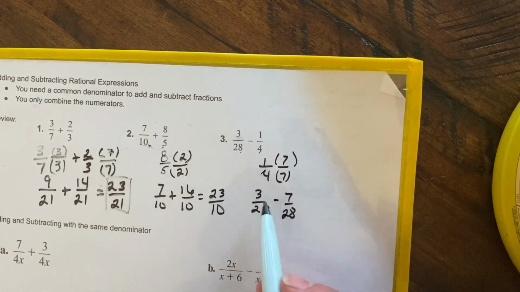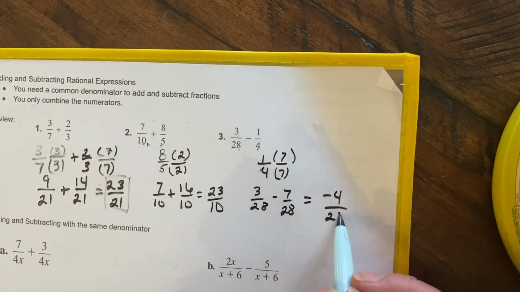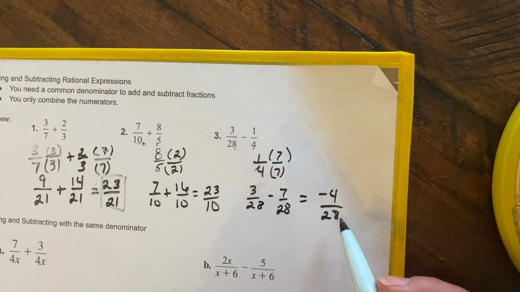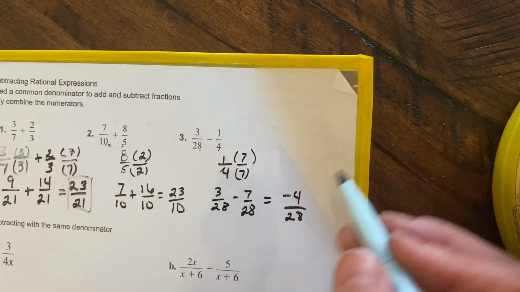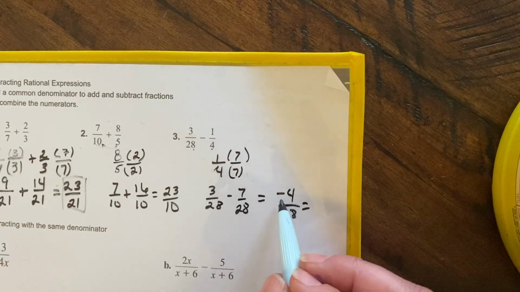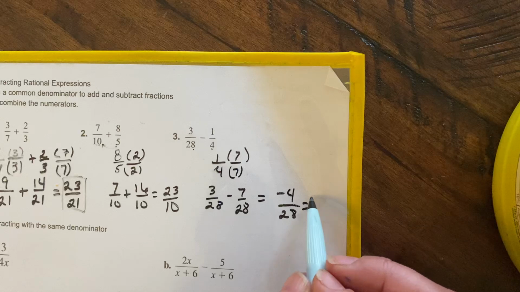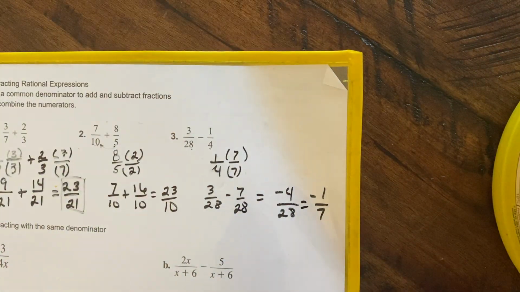This is a subtraction, so we only subtract the numerators, giving -4 over 28. Now this one, notice, unlike the other two we did, can be reduced, so we will go ahead and reduce it just because we can. It has a GCF of 4. So I can take that out by dividing it out, and that's what you get.